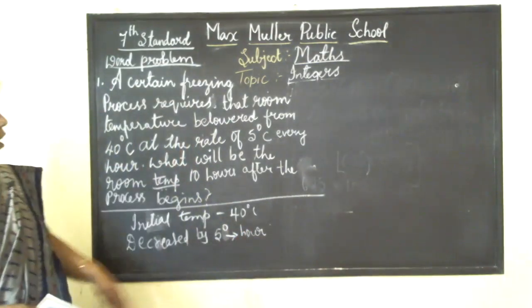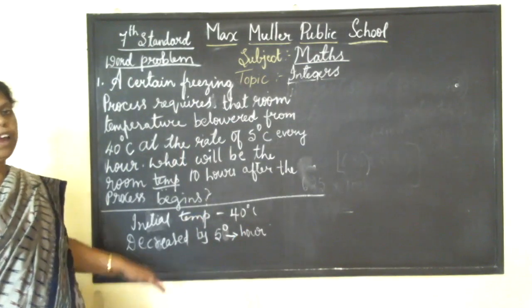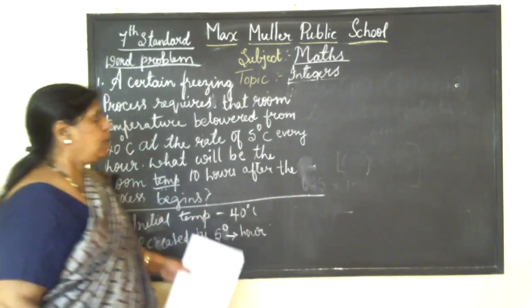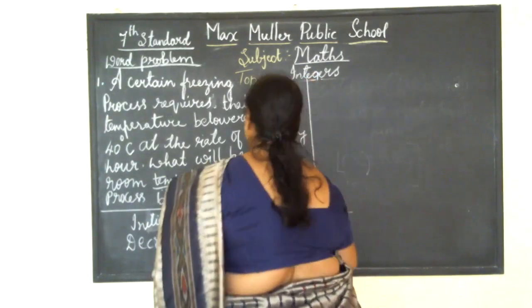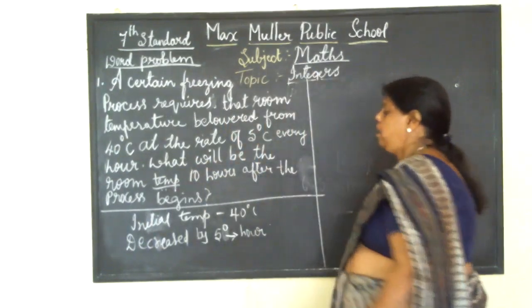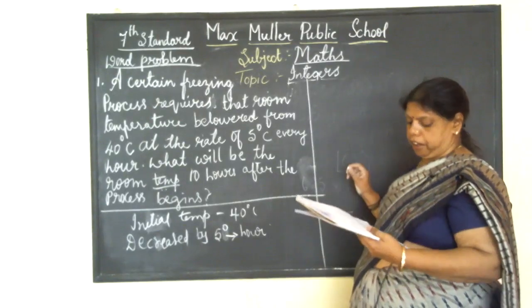First, it was 40 degree. Every 1 hour, it is decreasing. It is becoming less. So, 5 degree, every 1 hour, 5 degree.